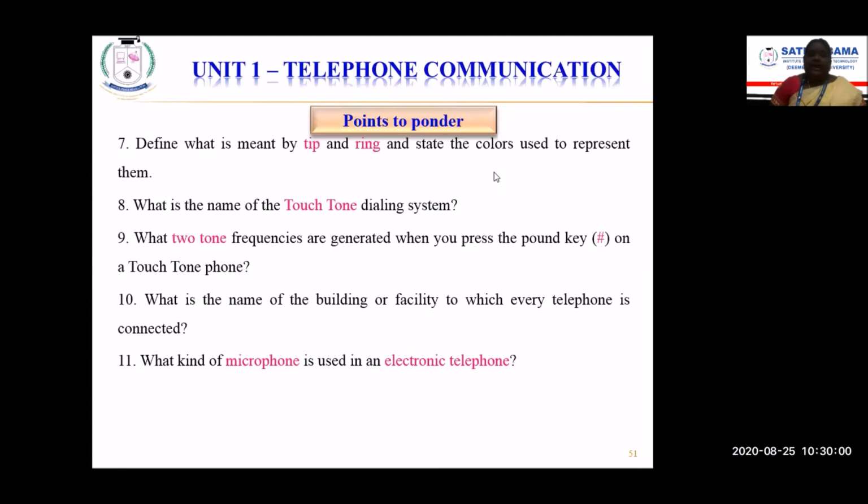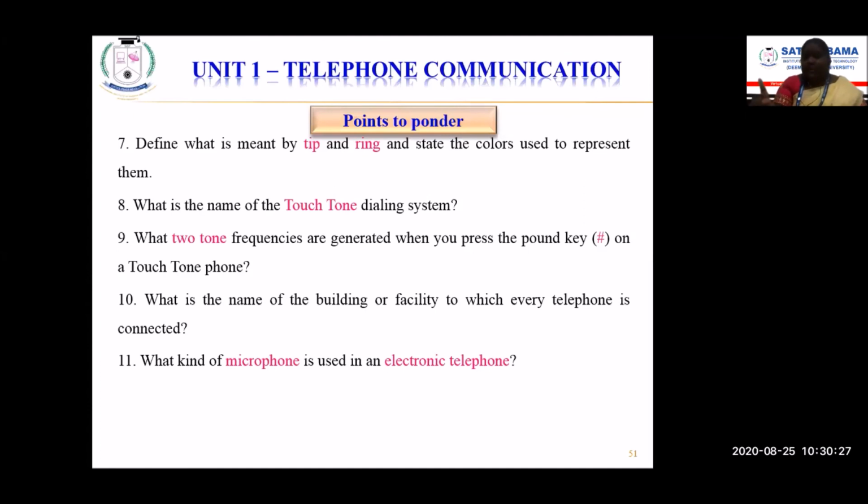And the touch-tone dialing system, please take a snapshot of it and also try to find the frequency. When you press the button hash on the keypad, what is the range of frequency of the signal that is being generated? We had a low group of frequencies and a high group of frequencies.